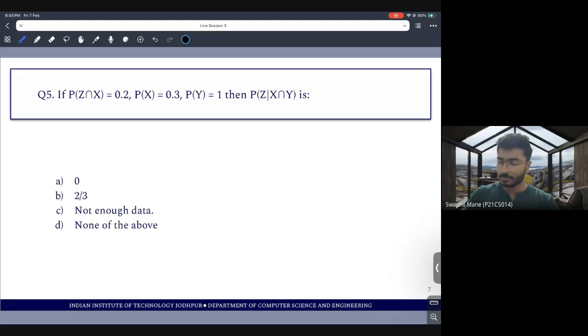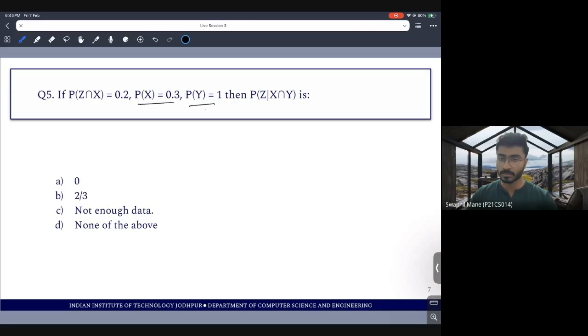So here we need to identify that we have been given information about the probability of z intersection x, which is 0.02. The intersection means both these events have occurred together. This is the probability that x occurs, and this is the probability that y occurs.